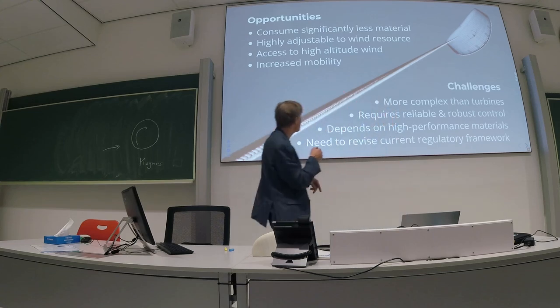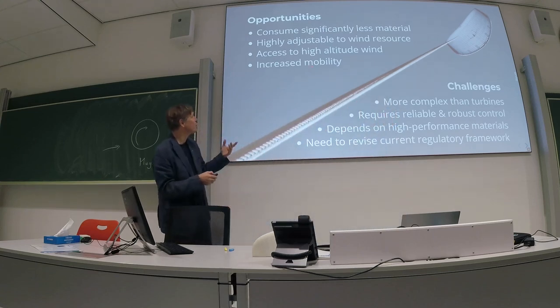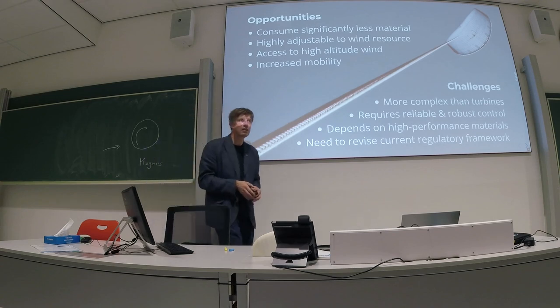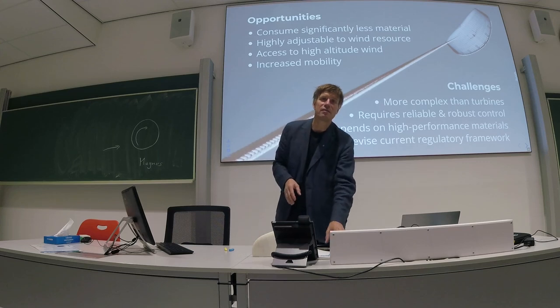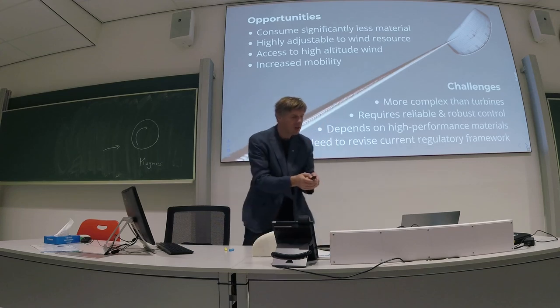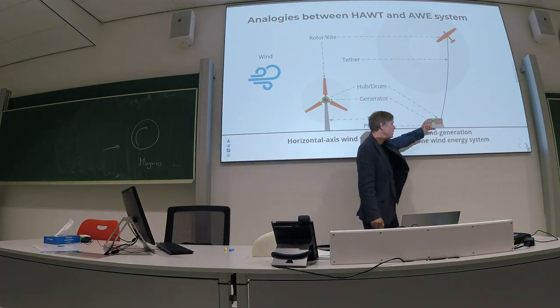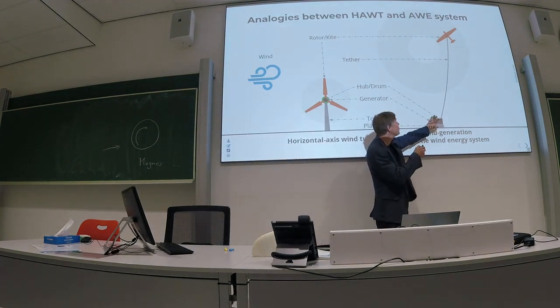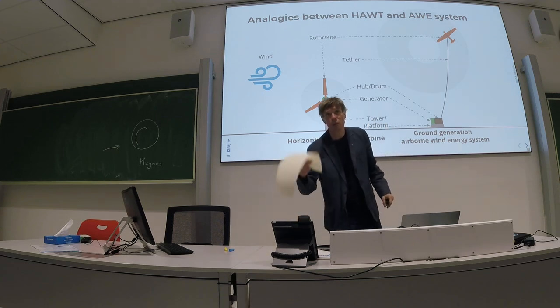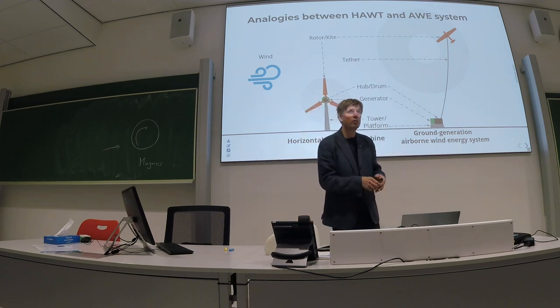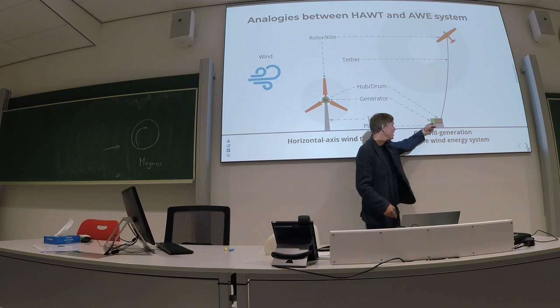Access to higher altitude wind, I mentioned already, and what I haven't mentioned is the increased mobility. If you have a lightweight system that only consists of the generator and the kite, especially when it's a soft wing kite that fits into a bag, and you can just slide it in here next to it.